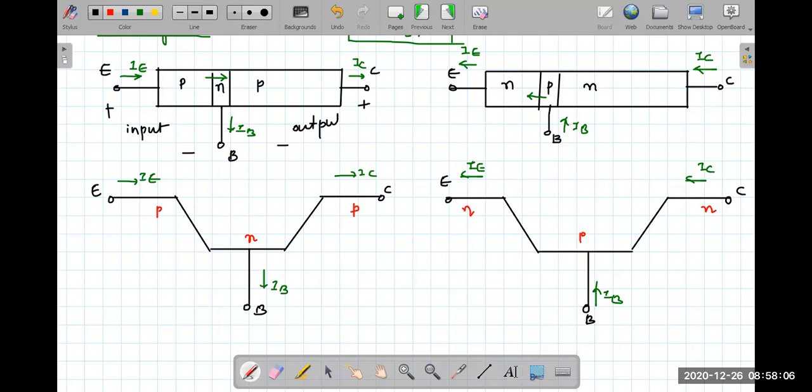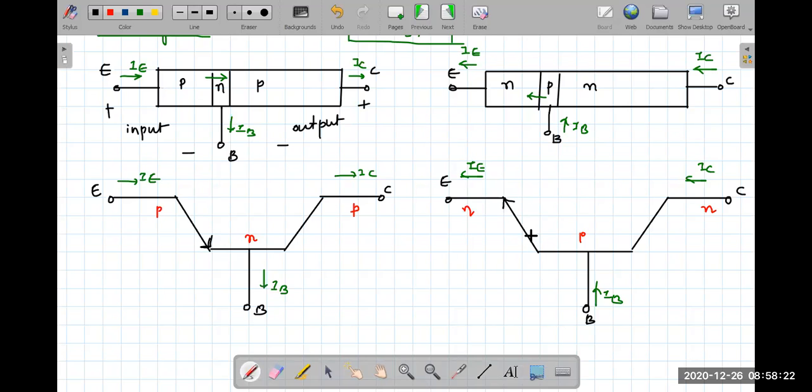So in the input region, that means the PN region, we have to consider where the current is flowing. We know that current always flows from P region to N region. So this is how we put it.